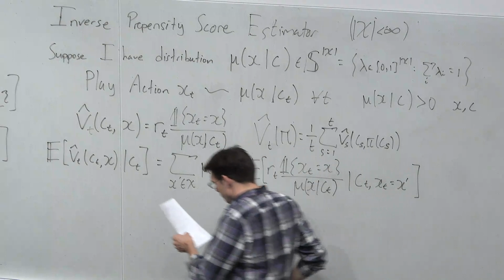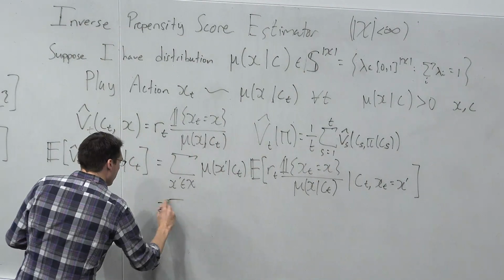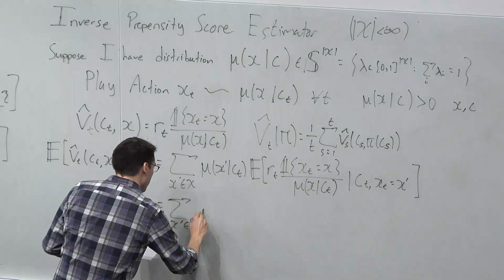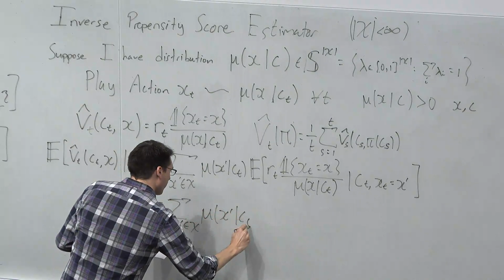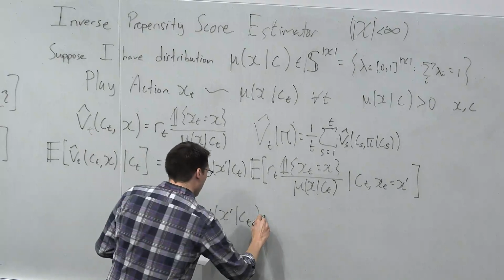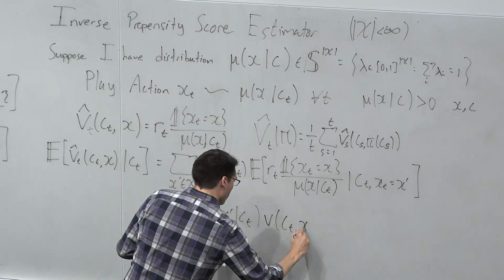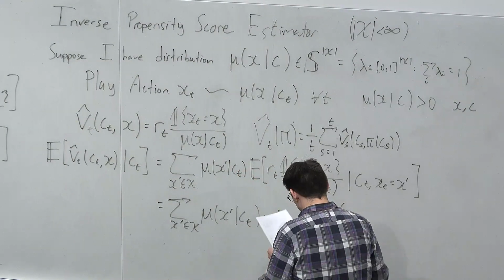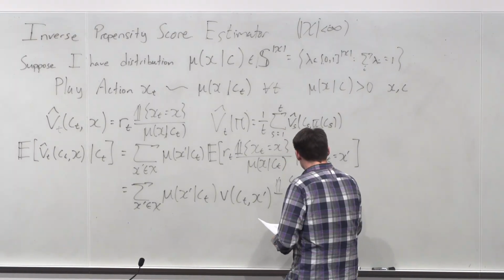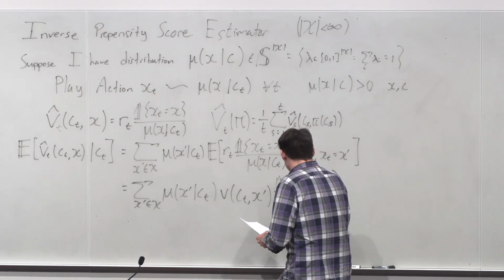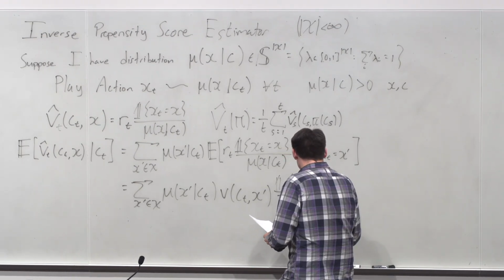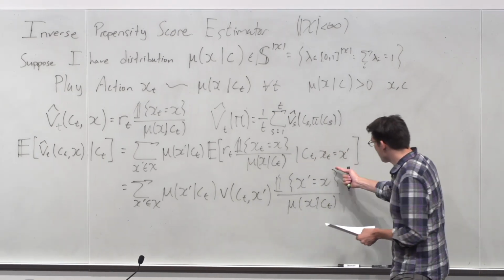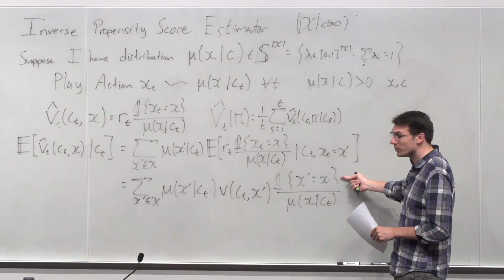And so what we get is that this is just equal to, because x prime, this is only on if x prime is equal to x.